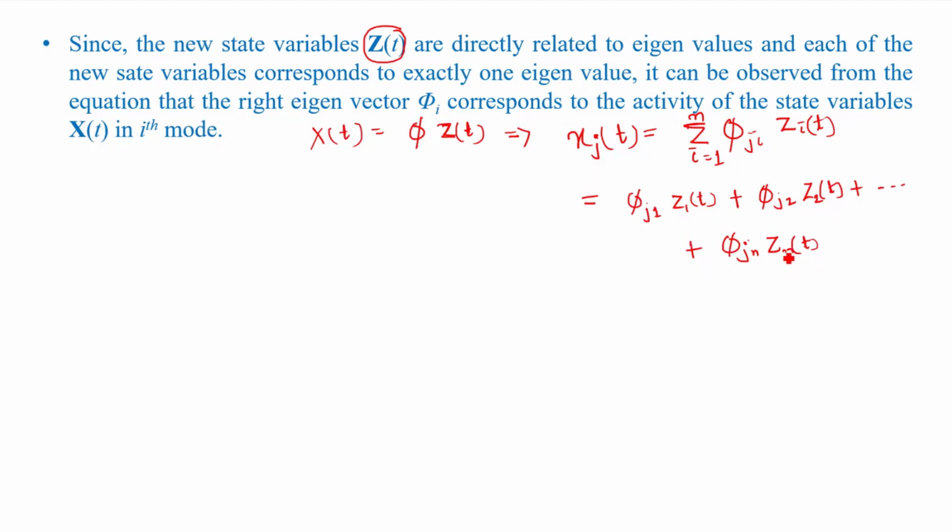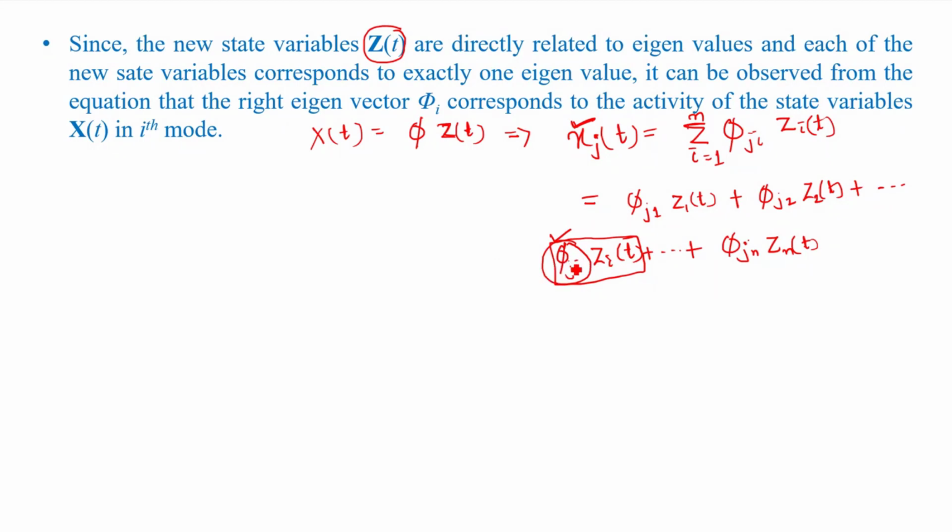Now if I find the activity of the jth state variable, that is x_j, in the ith mode, I can write the ith mode as phi_ji z_i(t), right? So this is the ith mode. So this activity of the jth state variable in the ith mode will be decided by this element of the right eigenvector phi, phi_ji.